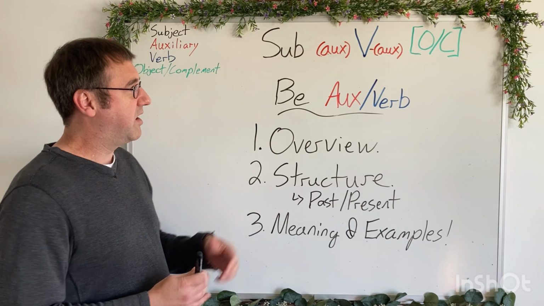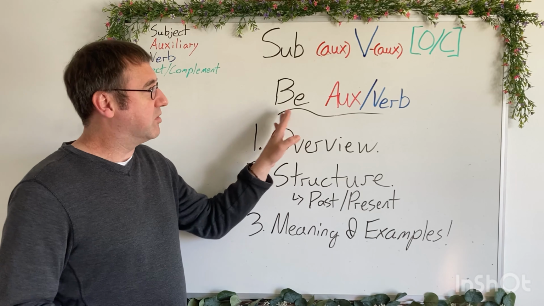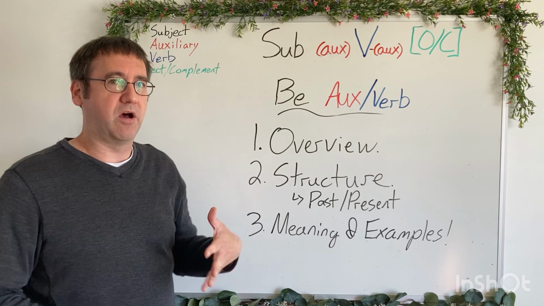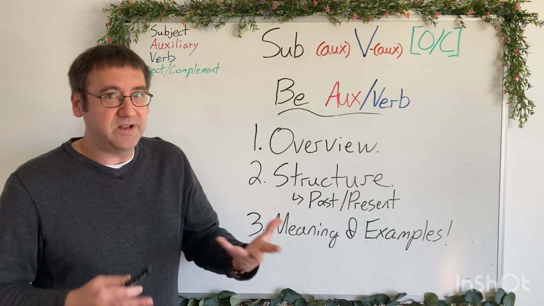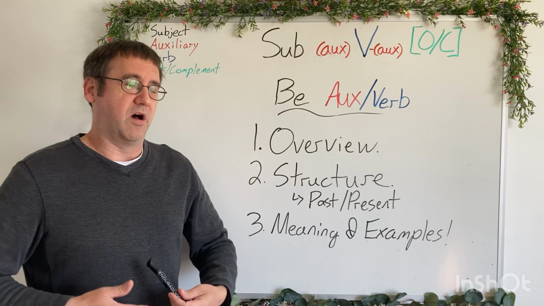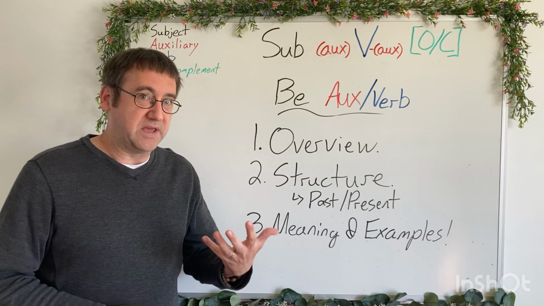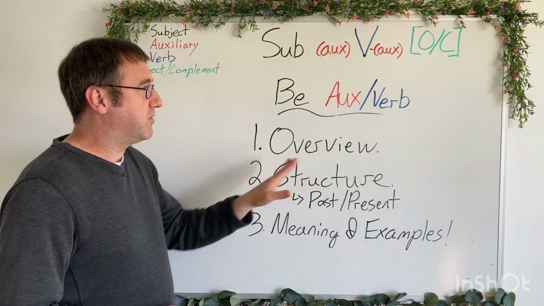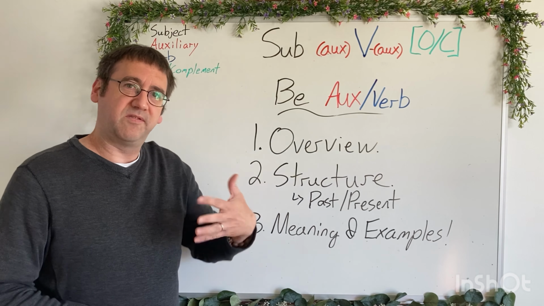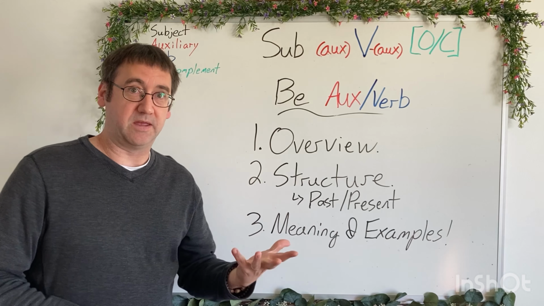And so this is be auxiliary or be verb, okay? Now, when you learn it in your textbooks, I know it's referred to as verb to be or be verb, but really it's both. And that's the special thing about be in English.